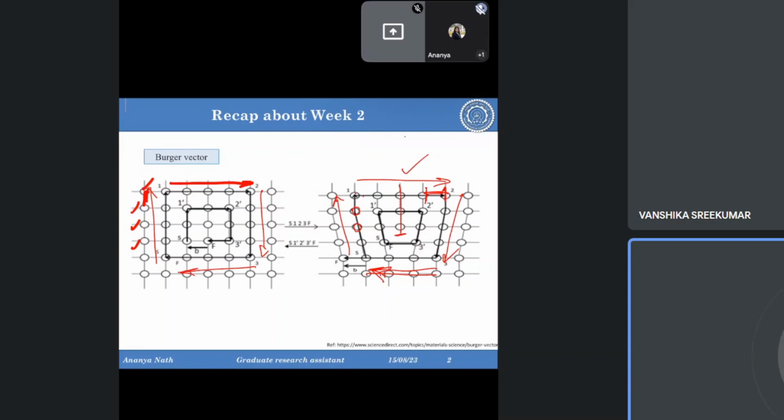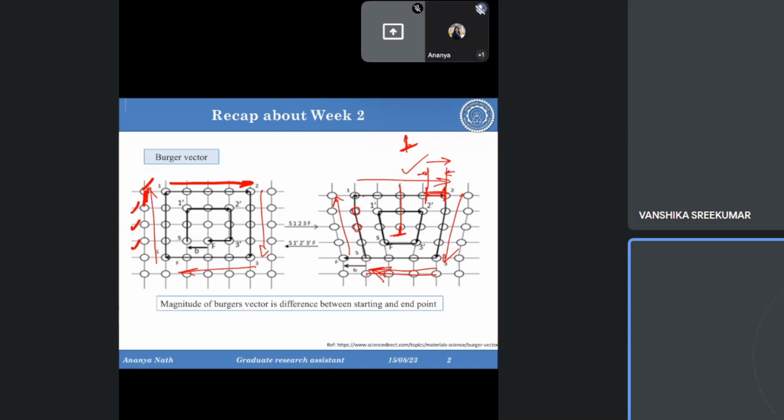The extra half plane is denoted by this symbol, like a perpendicular symbol. Due to this extra half plane, there is a mismatch in the lattice loop that we are drawing. So this will be our Burgers vector, which will have the magnitude of this much length and direction in the direction we are counting, or making the loop.